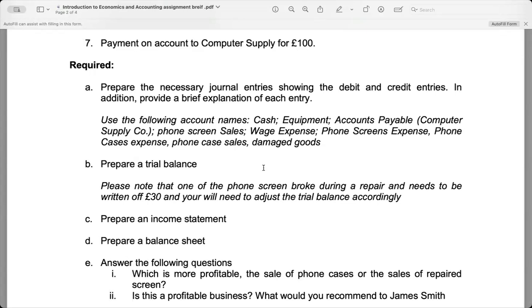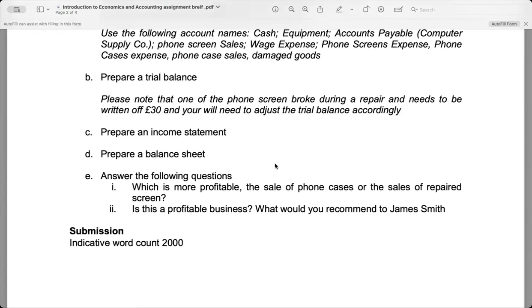Next one is to answer the following: compare profit from phone case sales versus phone screen repairs analysis. Is the business profitable overall? Each section should be completed carefully and accurately, ensuring that all calculations and financial statements are correct and well organized.